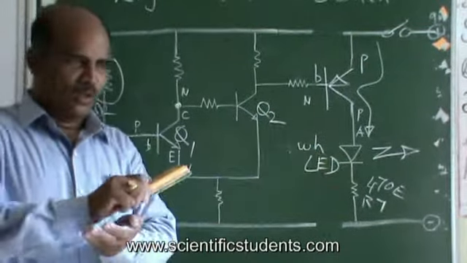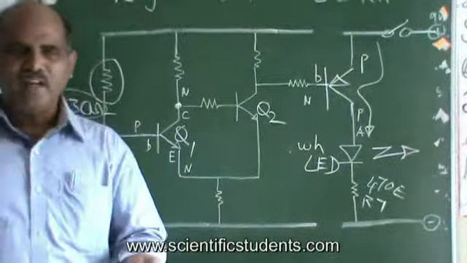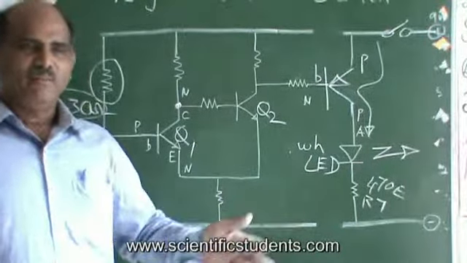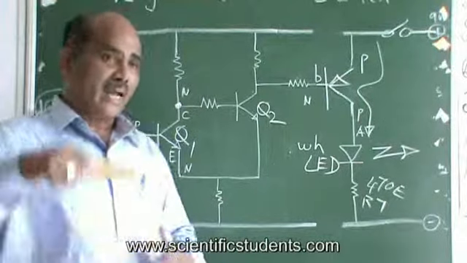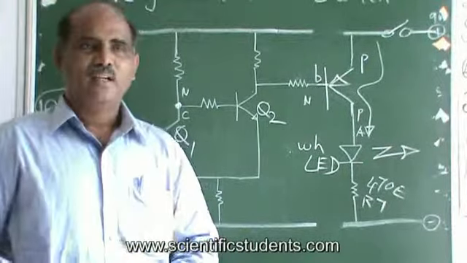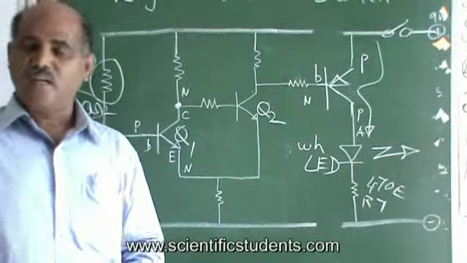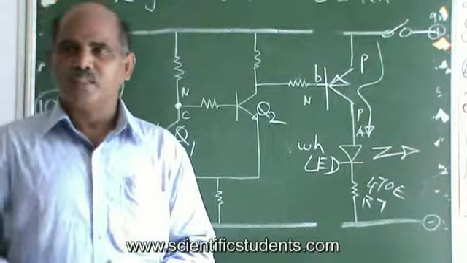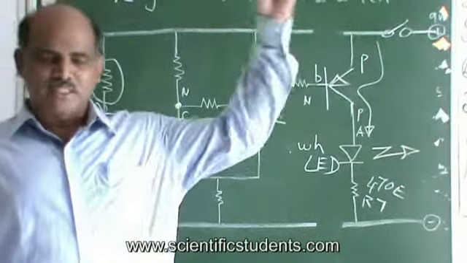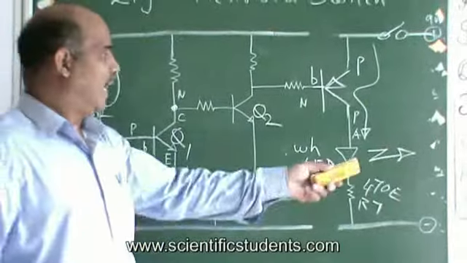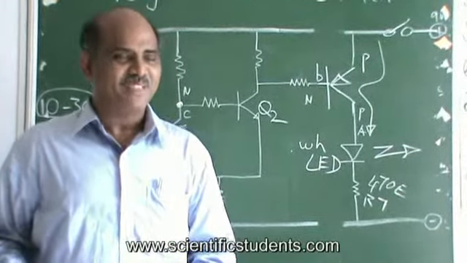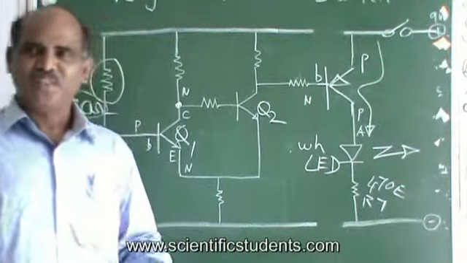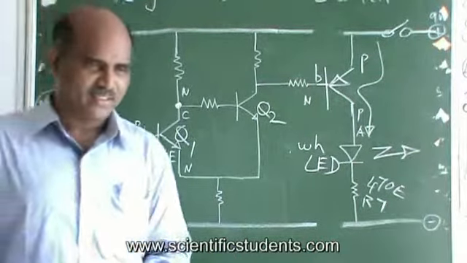When you close the LDR, it must come on; when you open the LDR, it must stop. Then, if you come to that stage, I will explain how to connect the high power lamps, all the street lights and all, onto the same circuit. Yes, the same circuit. That is the specialty of my development of these projects.